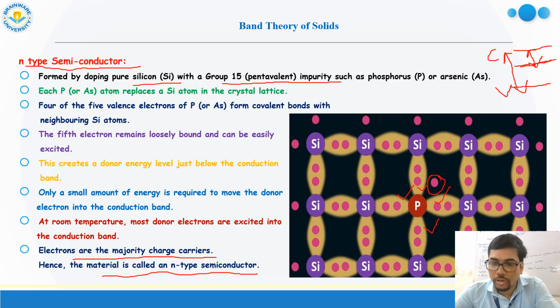N stands for negative, as electrons are the majority charge carrier. Okay, so n is related to the negative charge of the electron, you can imagine. Yes. Okay, so this is about n type semiconductor.